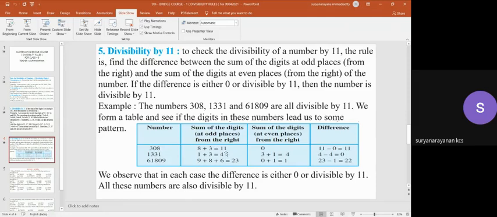The sum of the digits at odd places is 11. And the digit left is 0 only, which is the sum of the digits at even places. Then let us find the difference: 11 minus 0. What will you get here?